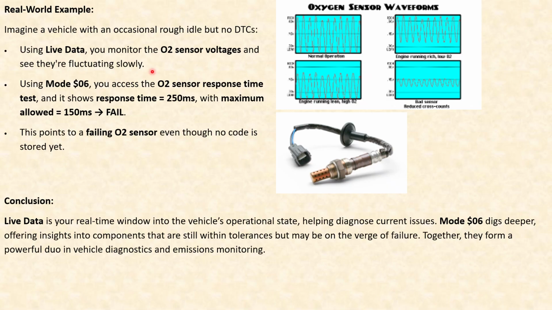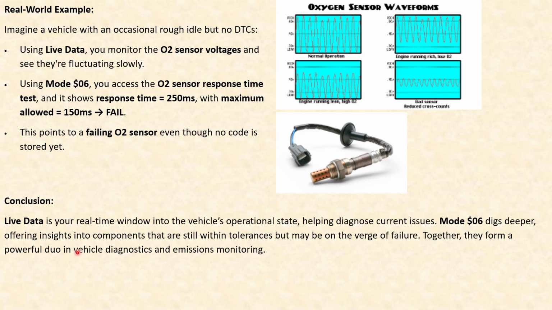Fluctuation of the oxygen sensor voltage can lead to rough idling. Using mode $06, you access the oxygen sensor response time test, and it shows a response time of 250 milliseconds with a maximum allowed of 150 milliseconds, which is a fail. This points to a failing oxygen sensor, though no code is stored yet.